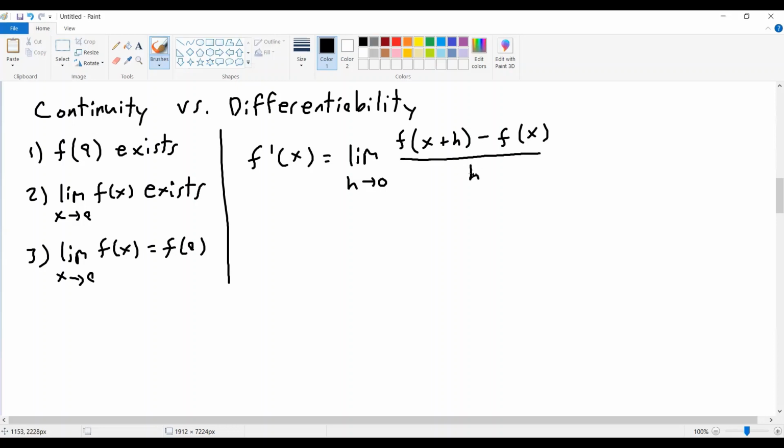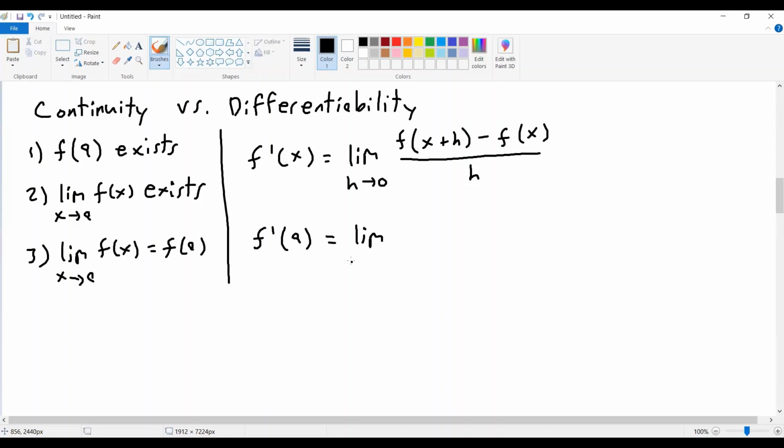Now there is technically an alternate form. If you want the derivative at a specific point, more similar to what we were doing with continuity, f prime of a, the slope of the function at specifically x equals a, then I would take this limit instead.